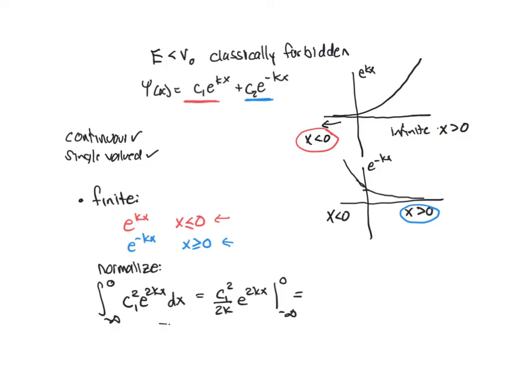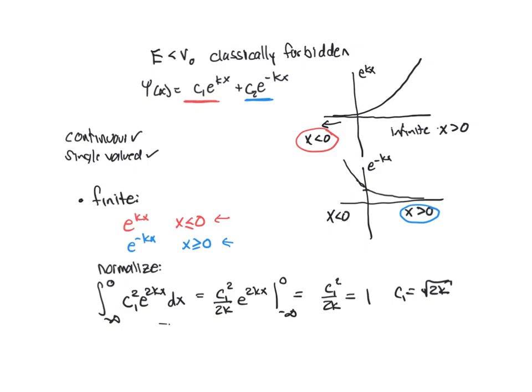And when I put 0 in for x, e to the 0 is 1, so I get c1 squared over 2k. And when I put minus infinity in for x, e to the minus infinity goes to 0, and so this is equal to 1, and as long as that's equal to 1, I have a normalized wave function. So c1 can be equal to the square root of 2k, and then my wave function is normalized.